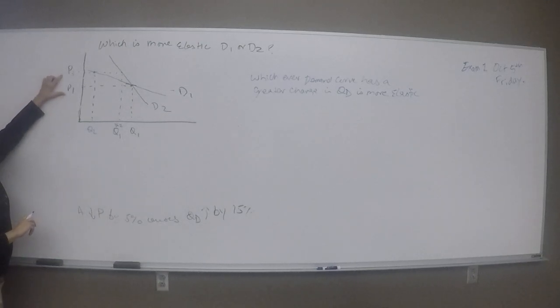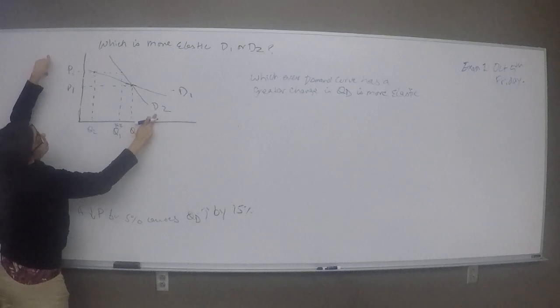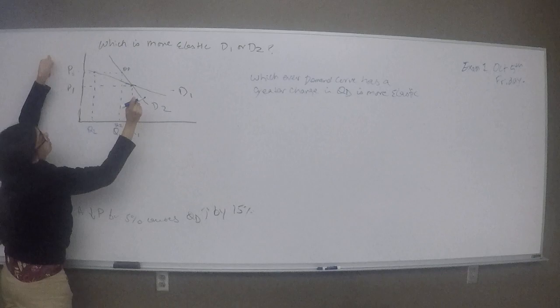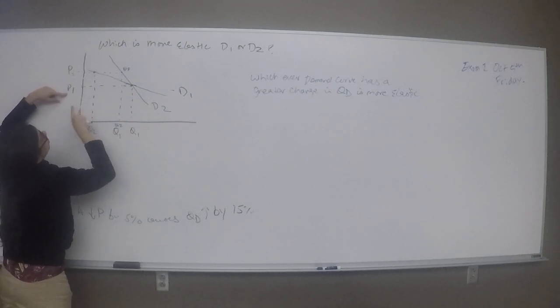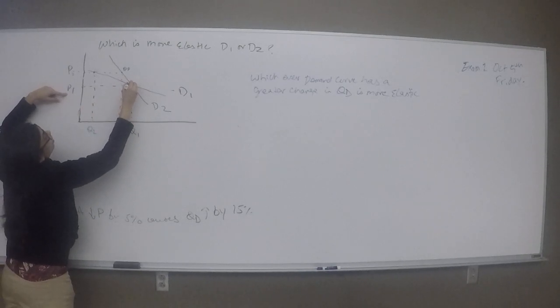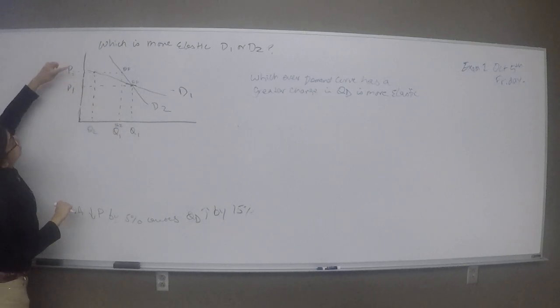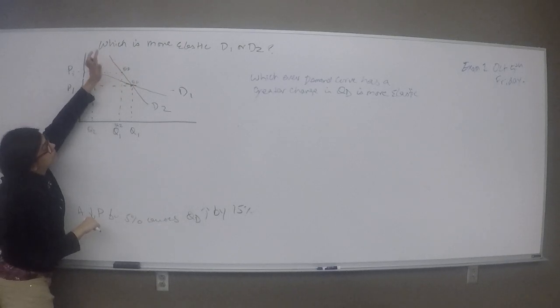So these are two prices. At P2, for the demand 2 curve, the quantity demanded was here. And at P1, price 1, for demand 2, the quantity demanded is here. So this is the change in quantity demand for D2.